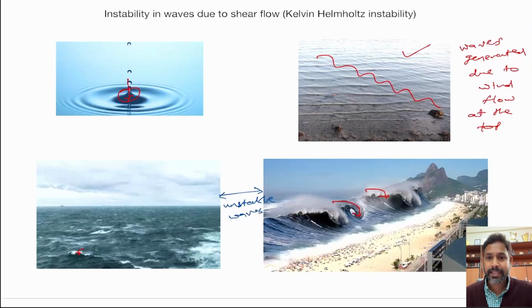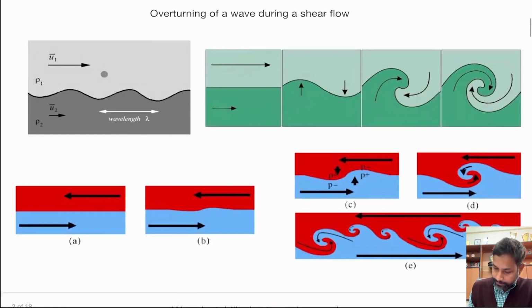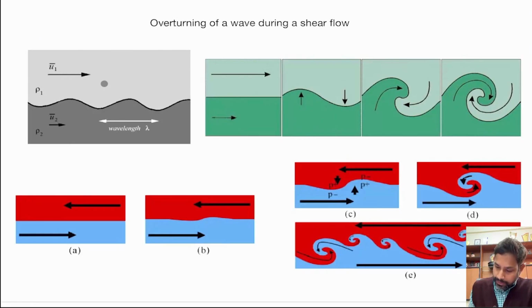Okay, and what we studied in the last lecture is for the stable cases, not for the unstable cases. So what happens? Why exactly do these kinds of waves become unstable? Let's try to understand that in more detail. Let's consider the case when we have two different fluids.